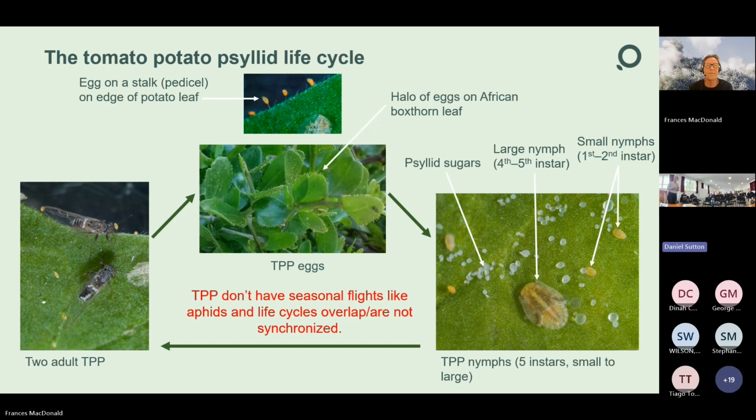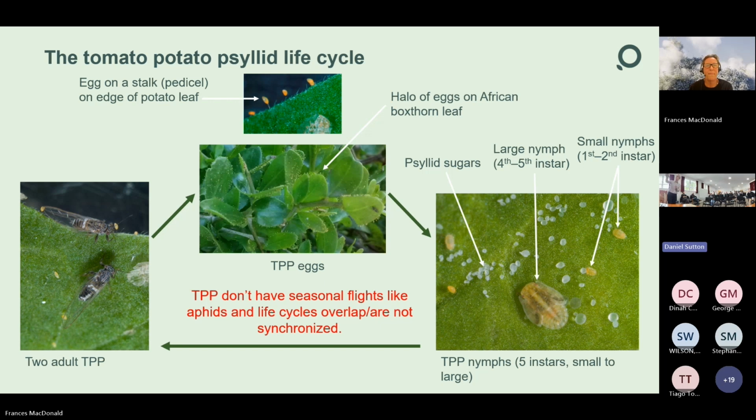Adults will lay eggs. They're on little stalks, just like lacewing eggs, but a shorter stalk than a lacewing. And very often you see them on the outside of the leaf as a little halo. Most of those eggs are laid on the new leaves. So when you scout the plant, look at the new leaves at the top, and you can sometimes see those halos of eggs.